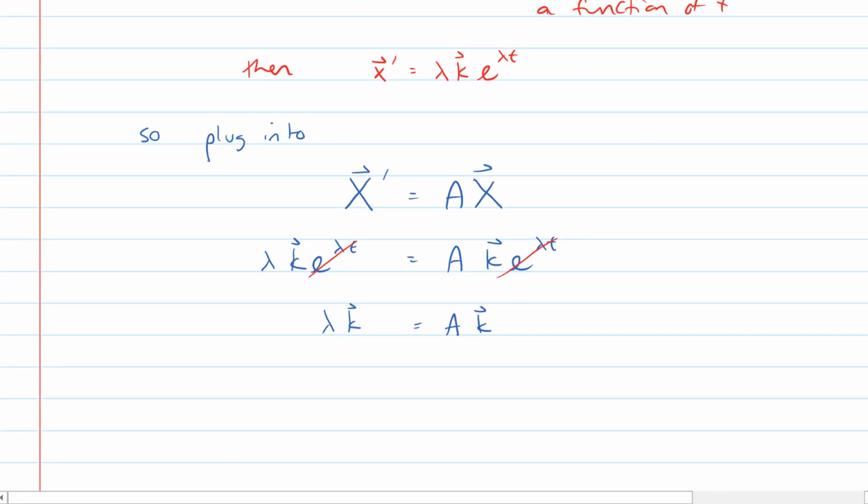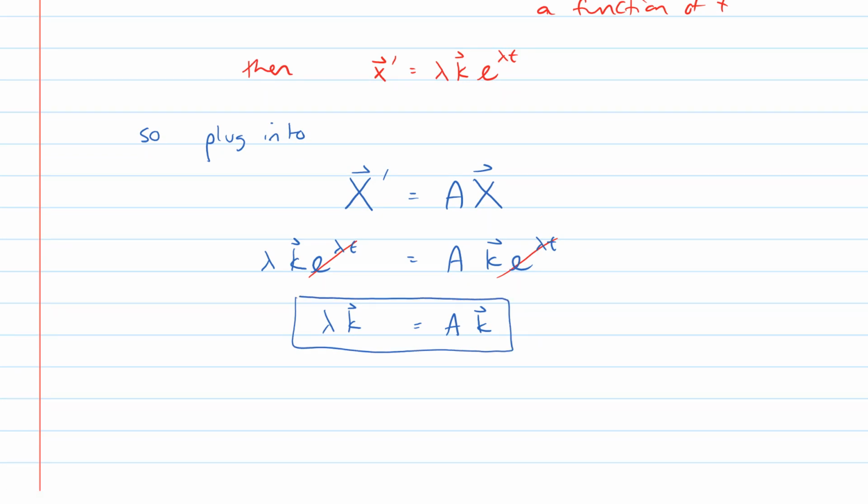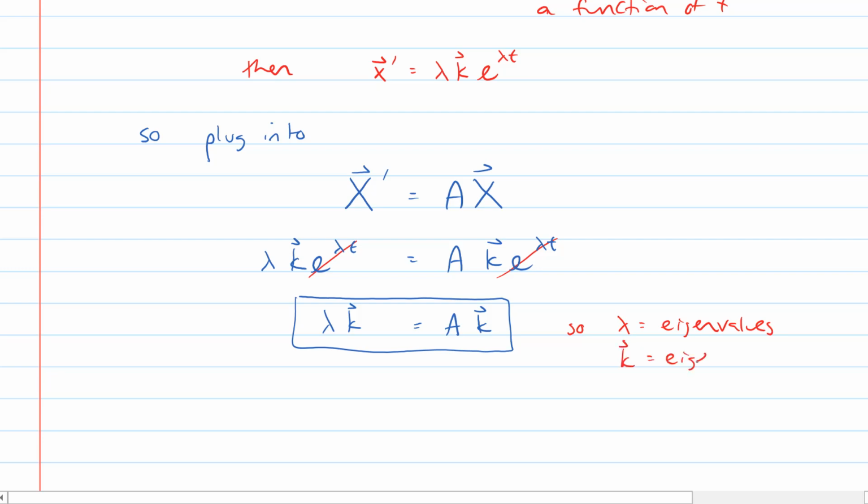And if we take a look at this equation, this should look really familiar. What this implies is that for matrix A, lambda are the eigenvalues and k are all the eigenvectors.